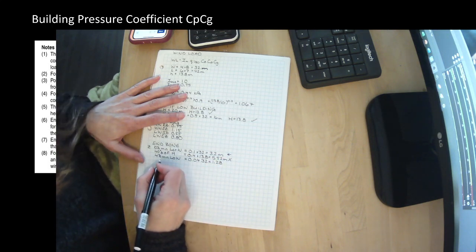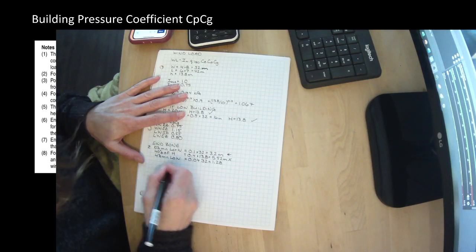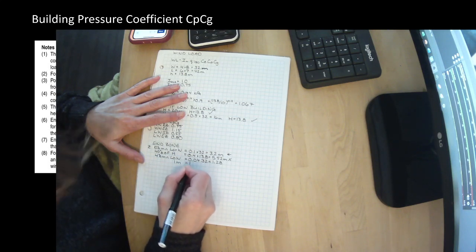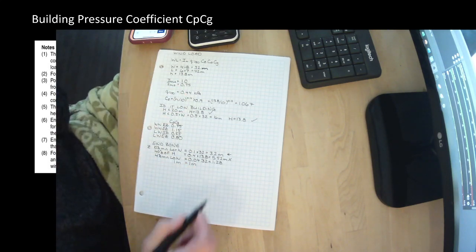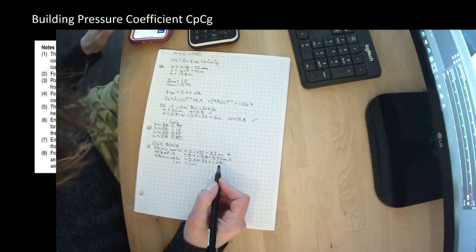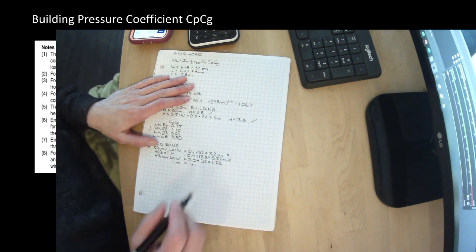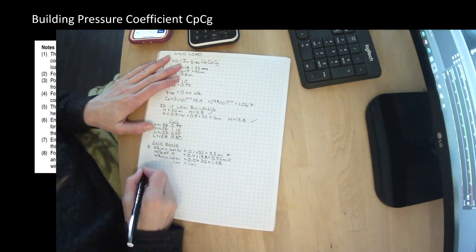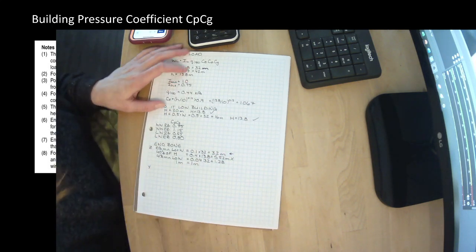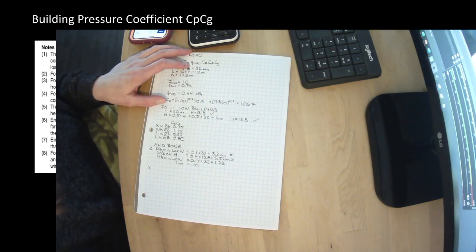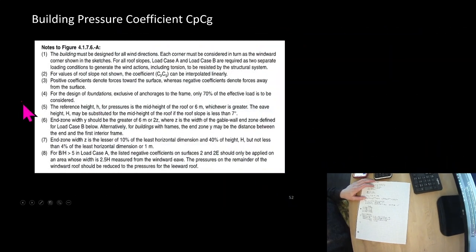Oh, but yeah, not less than, or 1 meter. So it seems like 3.2 is our Z value, but then we need to use that to figure out Y. I know, this is a pain, I get it.